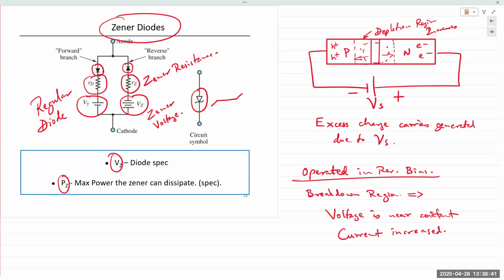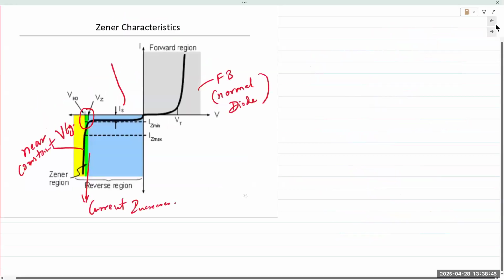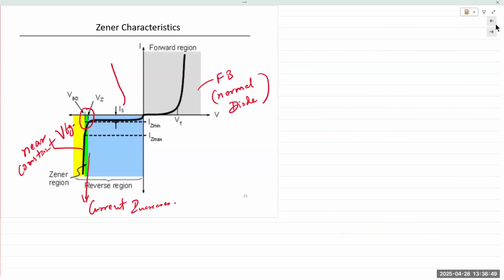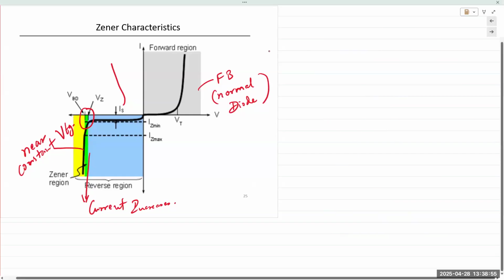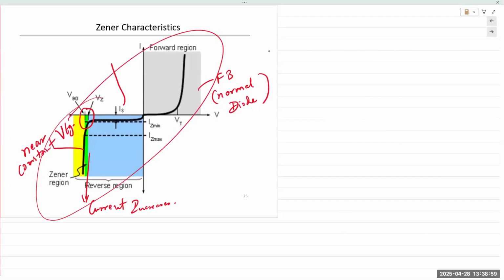Now, semiconductor fundamentals aside, what we want to do is look at the Zener diode as an off-the-shelf component that you can use for your circuit applications. In the Zener characteristics, you can see that it conducts in both directions. This is true of any diode. A regular silicon diode will conduct in forward bias.